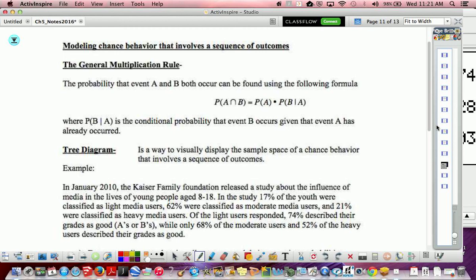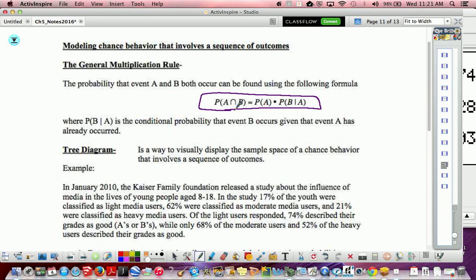So when we start to take a look at a sequence of events, like drawing two cards or drawing two names out of a hat, rolling a die and then flipping a coin and then drawing something out of a hat, something like that, where we're doing multiple types of probability outcomes, one of the things you can do is use this particular formula to help you calculate the probability of A and B occurring.